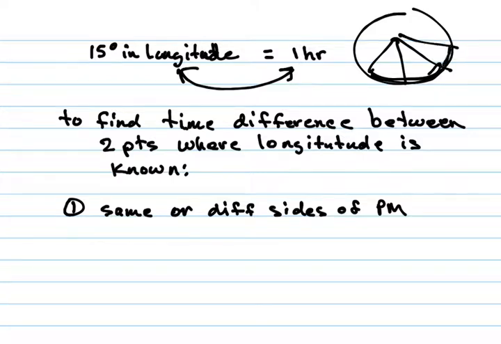If they're on the same side, then you only want this little area, which means you're going to be subtracting them. So you need to know if they're on the same or different sides of the prime meridian. Now, what you're going to do is simply add or subtract them, and then take that amount divided by 15, and that will tell you the number of hours. And we're going to look at several examples of these.